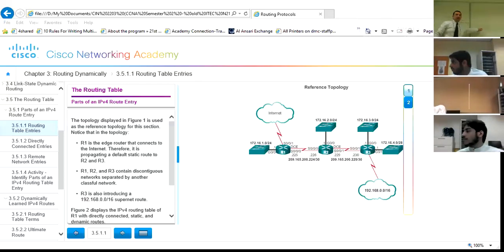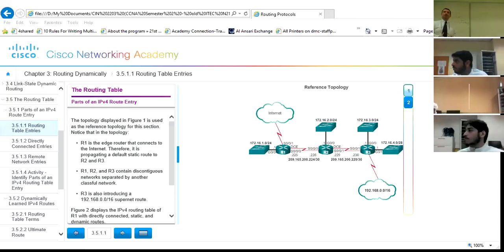Now R2 has a /16, and this problem can cause unintentional load balancing, which we will talk about later. Unintentional load balancing between the networks caused some of our packets to be lost. Now this is a problem for RIP version 1.